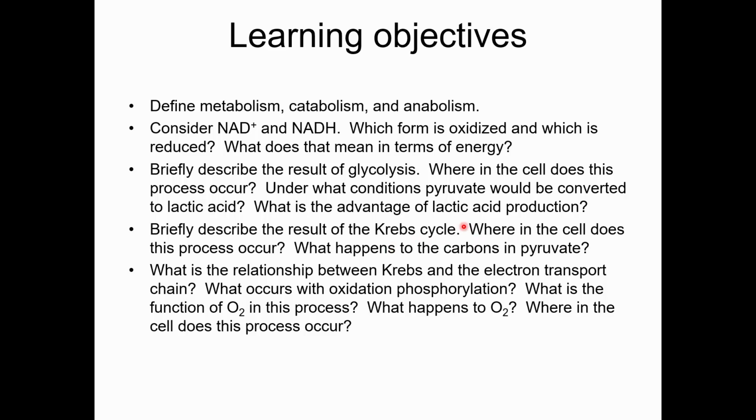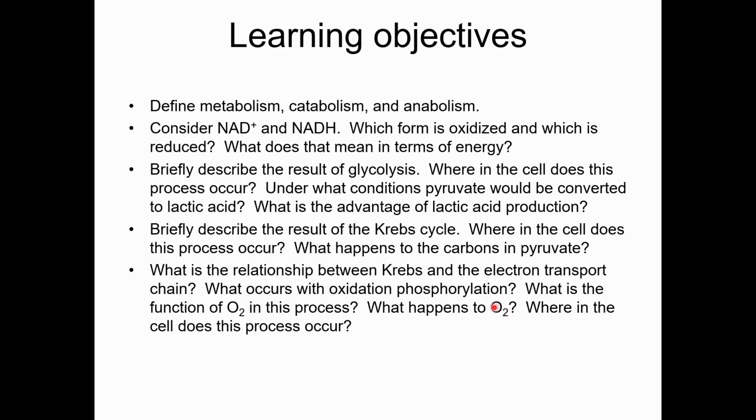Then we're also going to harvest energy from the Krebs cycle. Those are stored in some high energy compounds, and then those are taken to the electron transport chain, which I often abbreviate ETC. In oxidative phosphorylation, a high energy compound like FADH2, for example, donates its high energy electrons, and they shuttle through the electron transport chain, and hopefully you know that those electrons are finally picked up by oxygen.